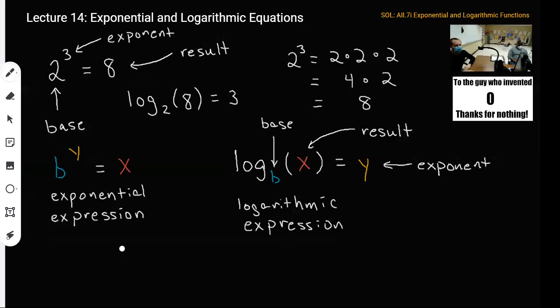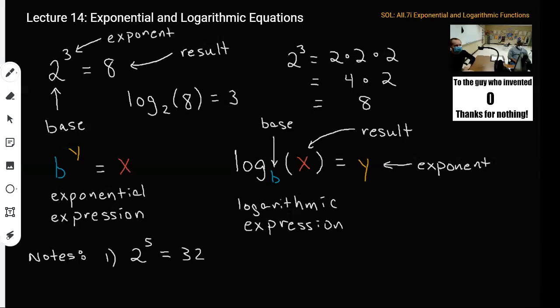So let's go ahead and try a few of these from the notes. All right. This first one is going to be 2 to the 5th power is equal to 32.